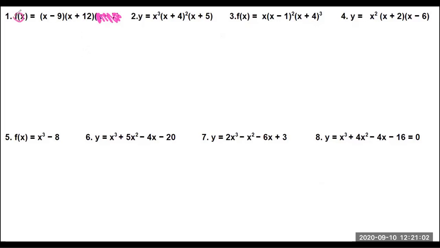If we're solving them, we're finding out where y equals 0. Remember we said we were finding the x-intercepts. The x-intercepts are when y equals 0. So I would make each factor equal to 0 and then solve them. One of my answers would have been 9, and the other answer would have been -12.